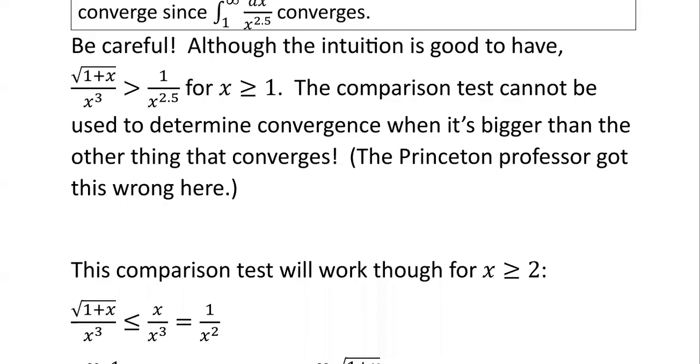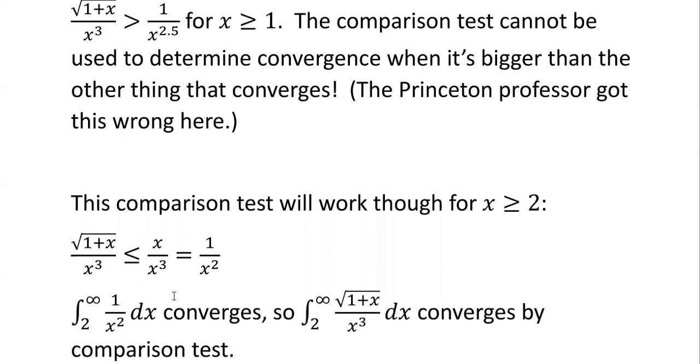So this will work. The square root of 1 plus x over x cubed is less than or equal to x over x cubed, which we can simplify to 1 over x. Okay, we can even double check. On a test we would have to check by plugging in some values of x, but since we're not on a test right now, let's just double check graphically that this is true.